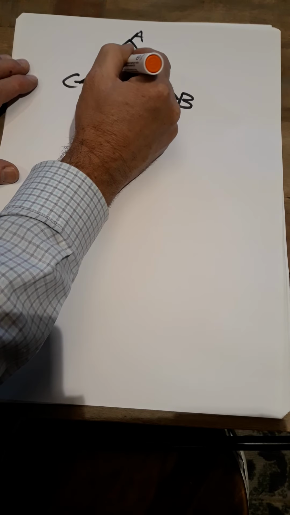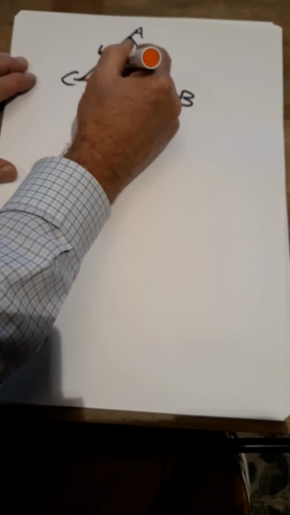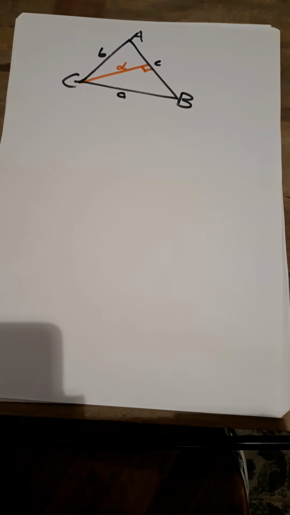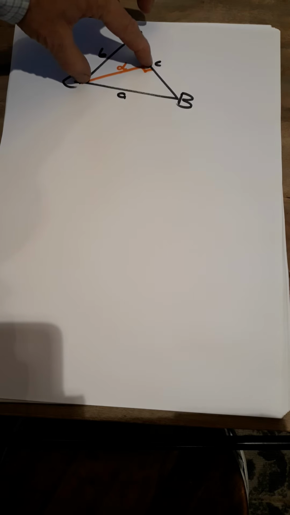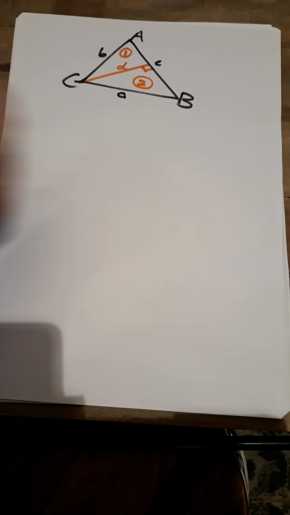And now I'm going to call this side, instead of H, I'll choose another letter. I'll call it D. It's the length there. Once again, I've created two triangles, one, two.